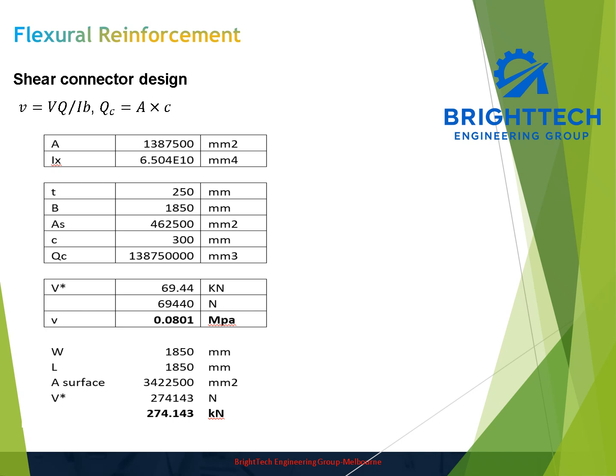As you may already know, we consider the depth of the footing 750, but because of the weight limitation, we had to use three pieces. Each piece has a depth of 250 mm, and the width is 1,850, and based on our calculation, the amount of the available steel is 462,500 square millimeter, and with C spacing, QC can be found.